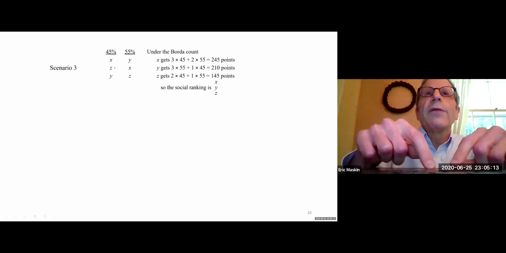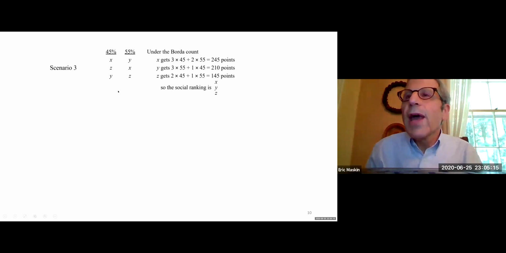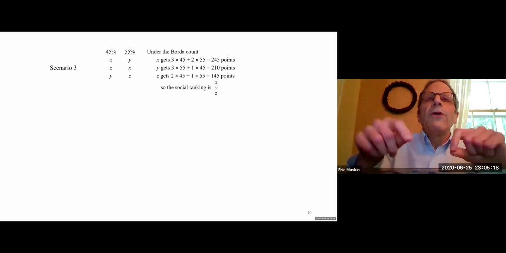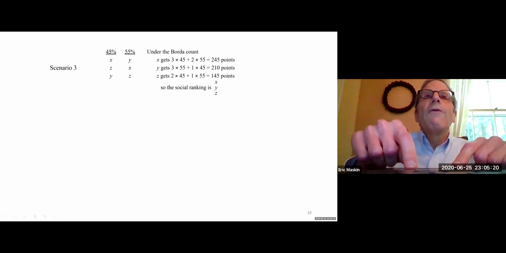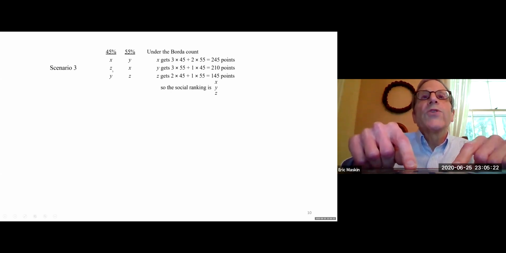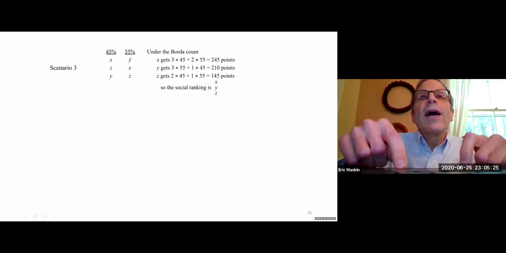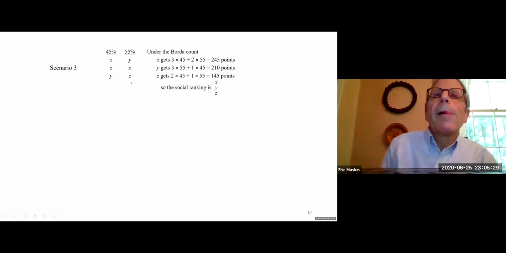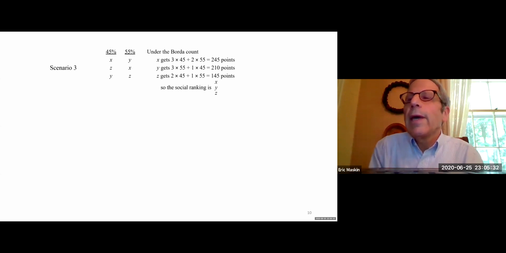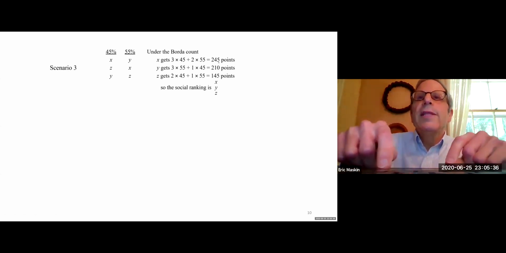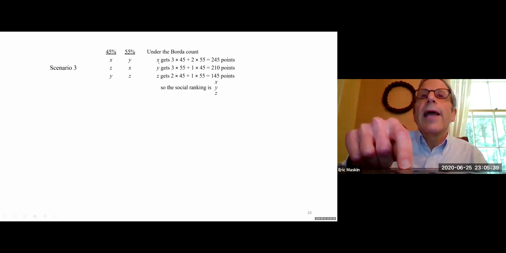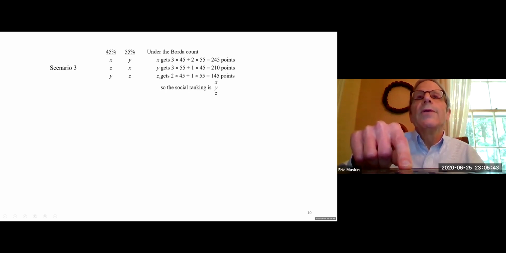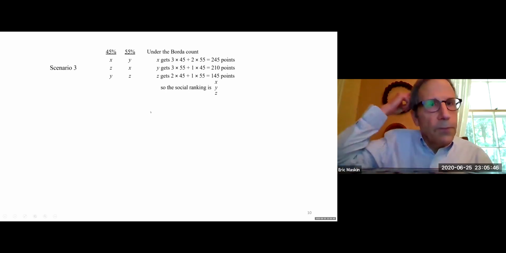This is another scenario that we looked at in lecture 1. There are two groups of voters. 45% have the ranking XZY, 55% have the ranking YXZ. If you do the Borda count calculation, you'll see that X comes in first, Y comes in second, Z comes in third.